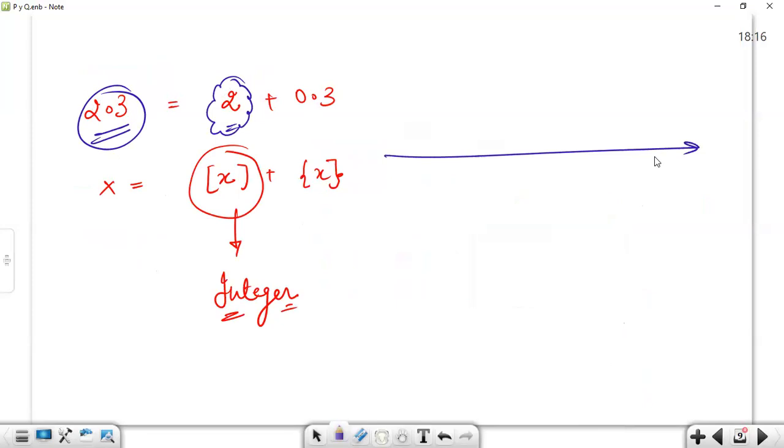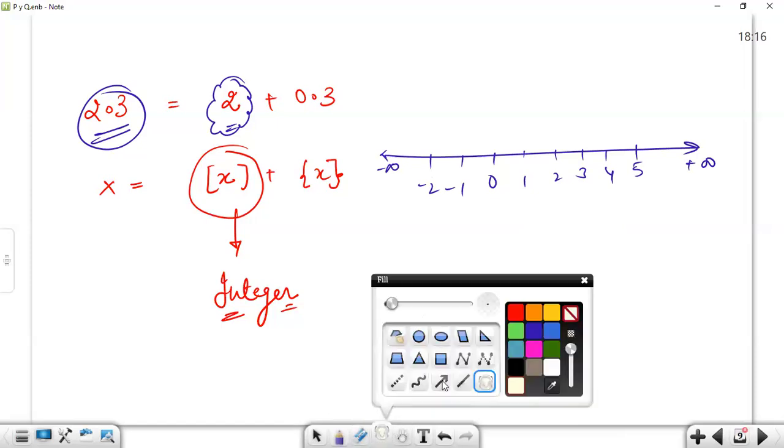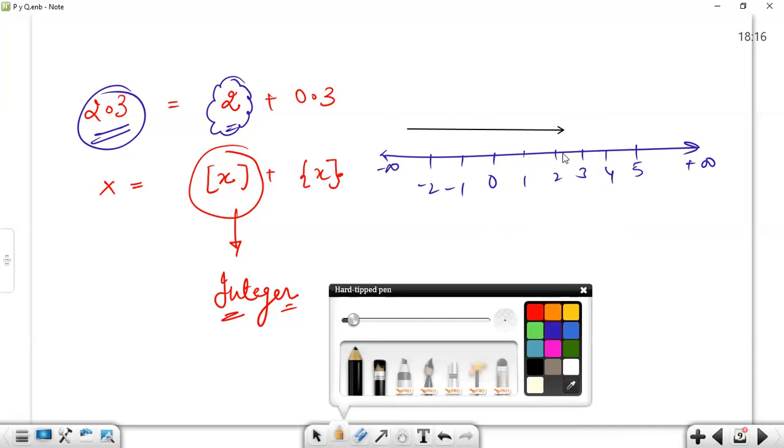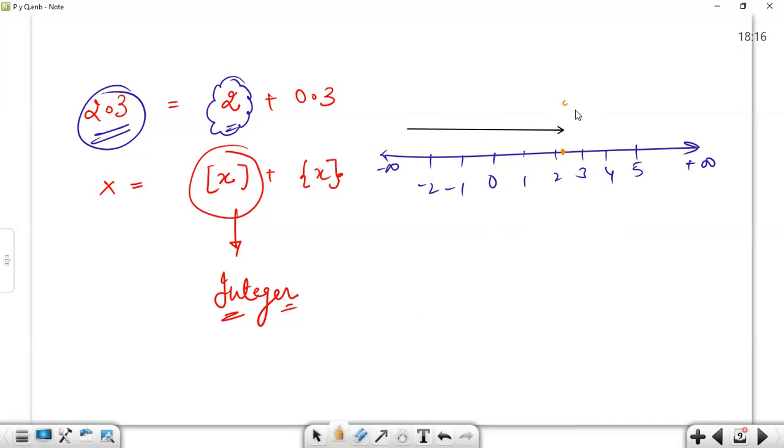So if this is the number line, 5, 4, 3, 2, 1, 0, minus 1, minus 2, and so on, then take the number 2.3, it would be somewhat here.